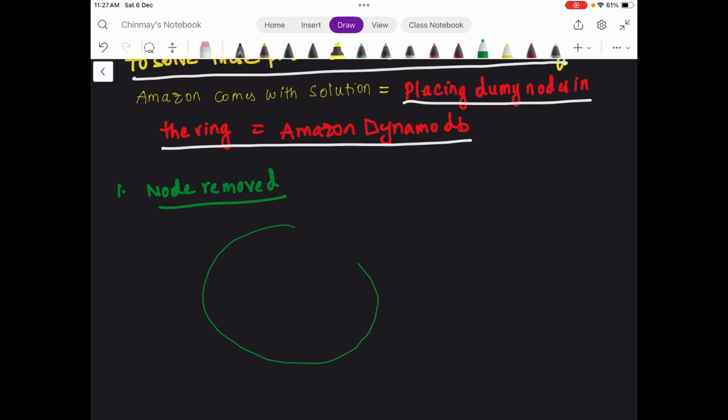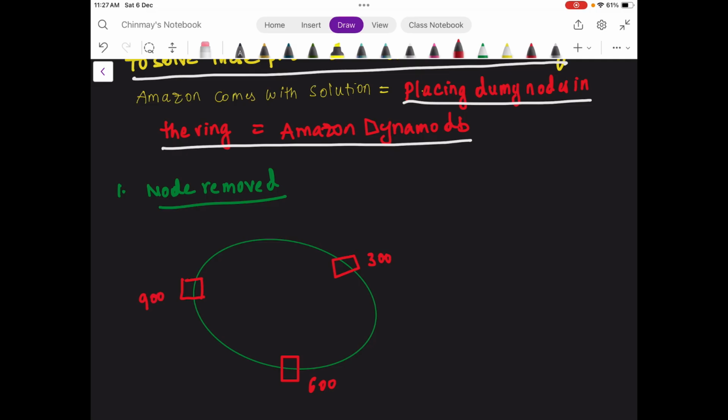We have the ring. We have nodes in place. For example, at 300 node 1, at 600 node 2, at 900 node 3.